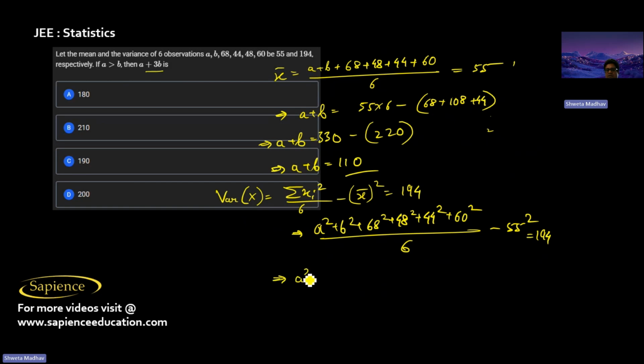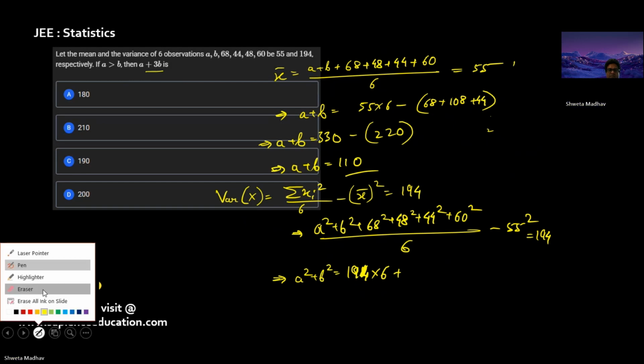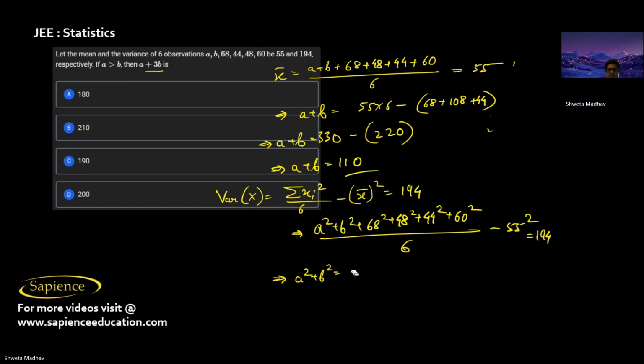So therefore, A square plus B square would be equal to 194 plus 55 square, this into 6, minus this 68 square plus 48 square plus 44 square plus 60 square.